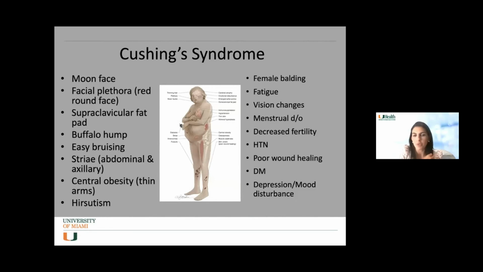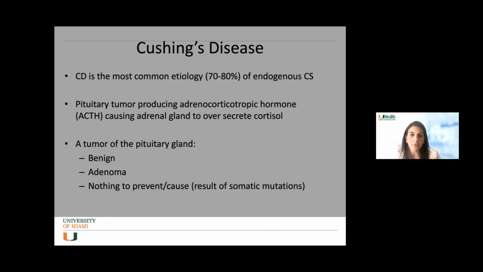I think most people know, we don't have to go into too much detail, but the moon face, buffalo hump, easy bruising are the more physical manifestations. In terms of cardiovascular disease and mortality, it does lead to increased mortality because of effects it can have on poor wound healing, infection, hypertension, diabetes. So it can really negatively impact health in a pretty significant manner.